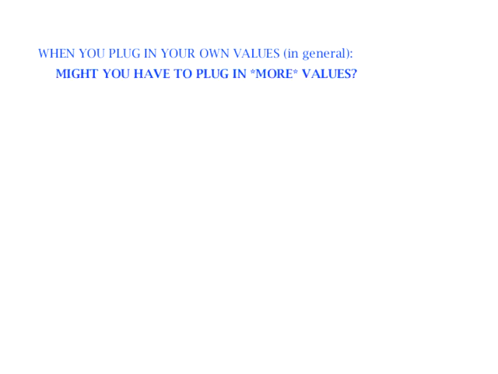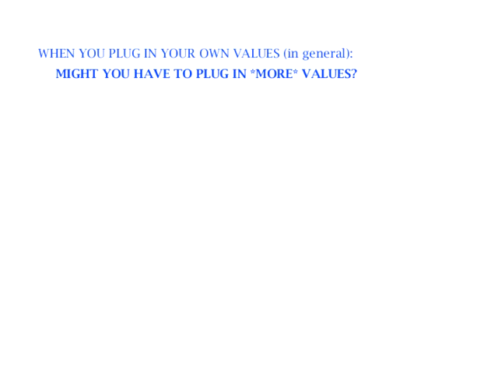When you plug in your own values, in general, once you get something, do you have to check all the choices? Like might you have to plug in more values after the first one?